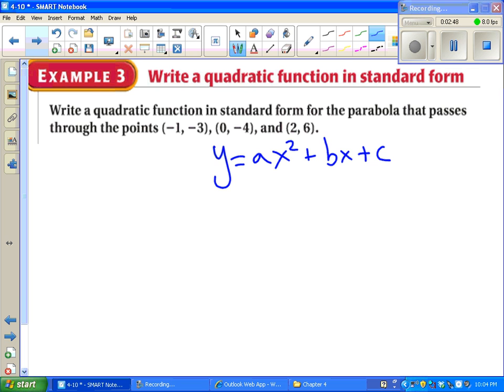If I plug in -1 for x and -3 for y, I'm going to get something like this. Now if I plug in 0 and -4, I'm going to get something like this. And if I plug in 2 and 6, I'm going to get something like this.